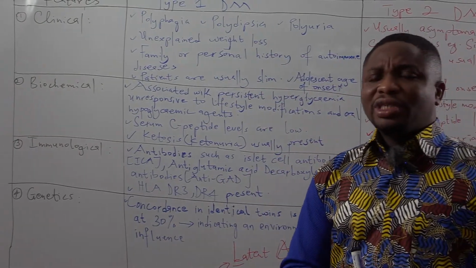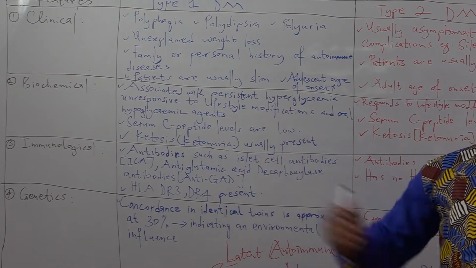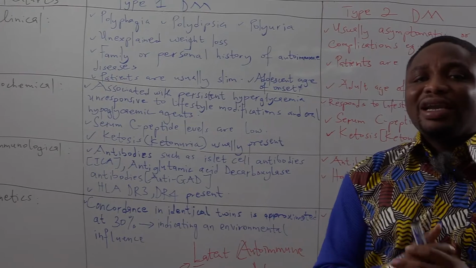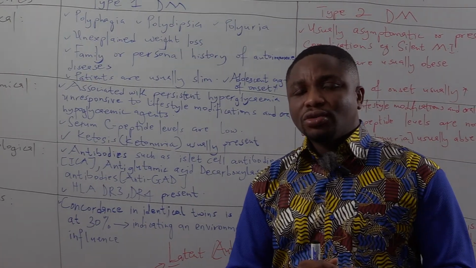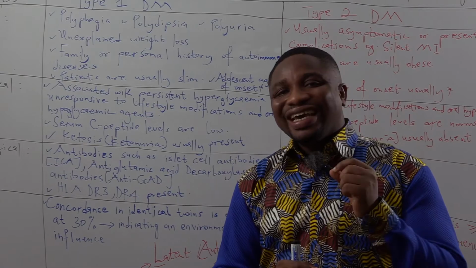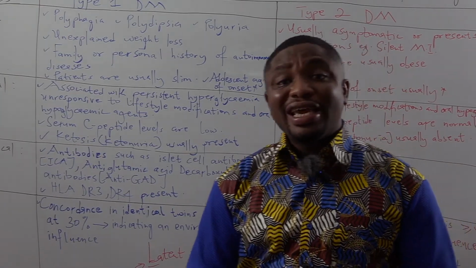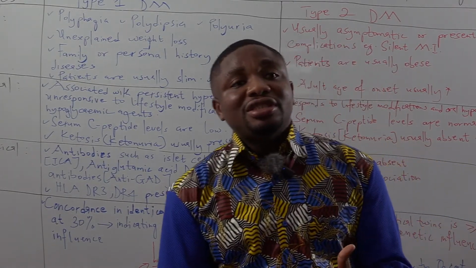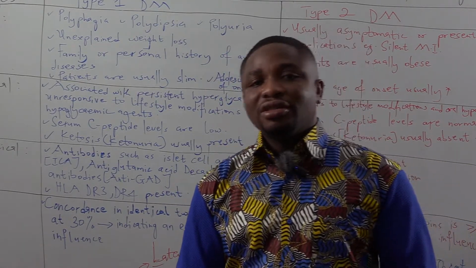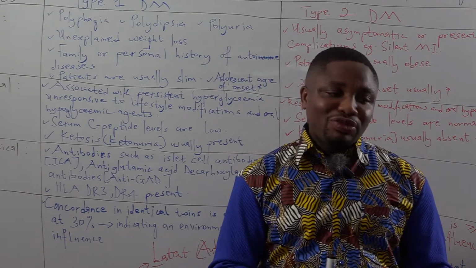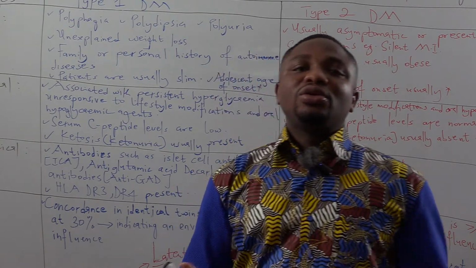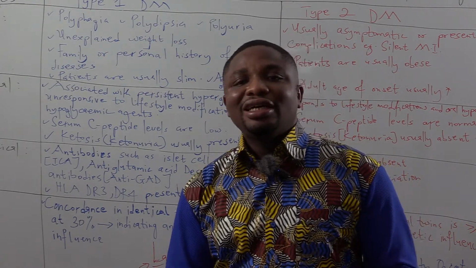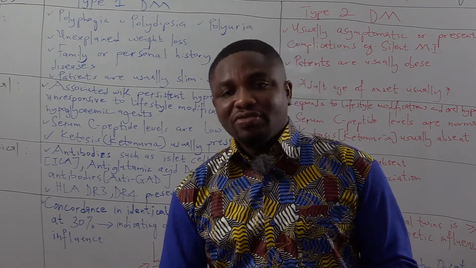So biochemically, we'll see that type 1 diabetes mellitus is characterized by persistent hyperglycemia, unresponsive to lifestyle modifications and oral hypoglycemic agents, meaning that if the patient is taking lifestyle modifications such as diet, exercise, and weight loss, there will not be any significant improvement in the glucose levels. And also with the oral hypoglycemic agents, which we'll be looking at later, you will not have significant improvements.